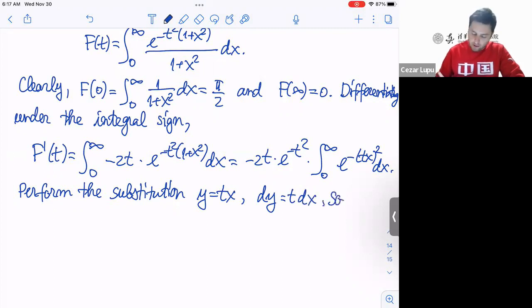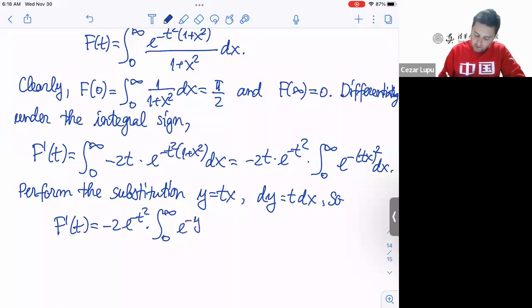So we can write f prime of t as negative 2e to the negative t squared times the integral from 0 to infinity of e to the negative y squared dy, which is nothing else than negative 2e to the negative t squared times this integral j.